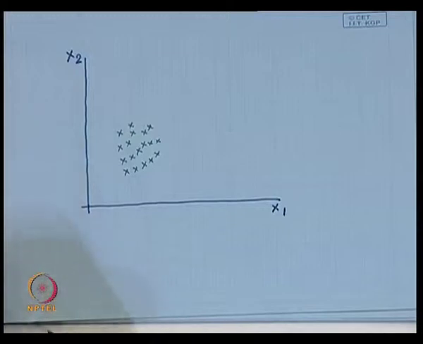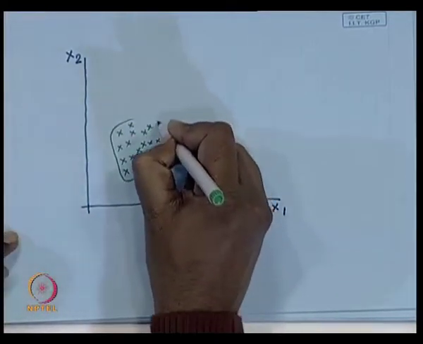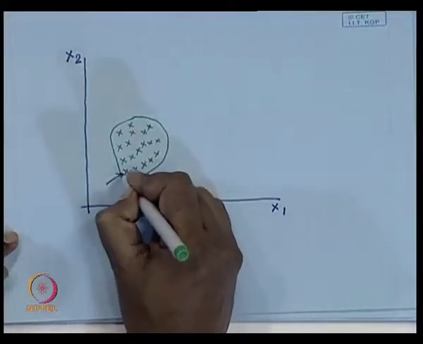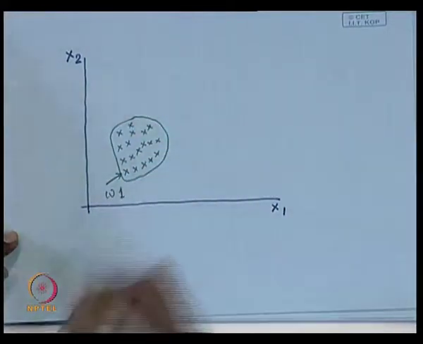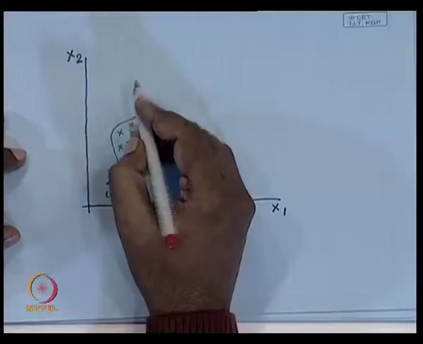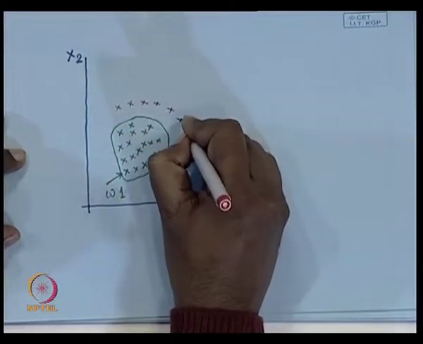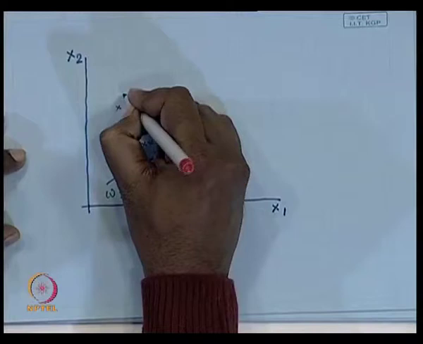So, these are the samples which belong to class omega 1, that is one of the 2 classes. So, I am still taking the concept of supervised learning, that means for these samples I already know to which class they belong. Okay. Similarly, I have another set of training samples taken from class omega 2, which are distributed like this.